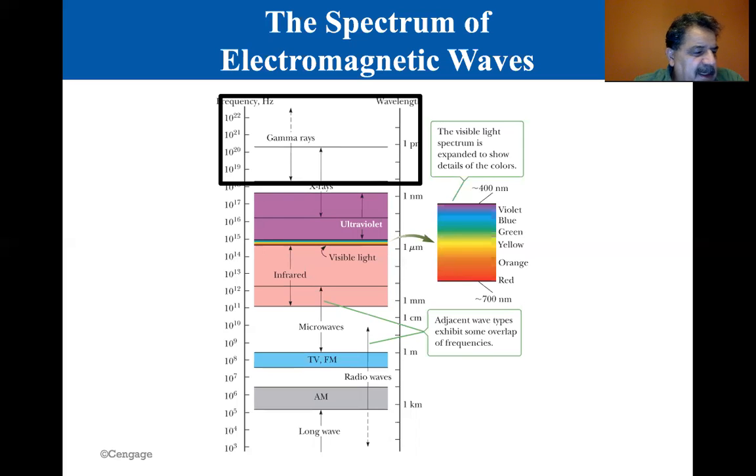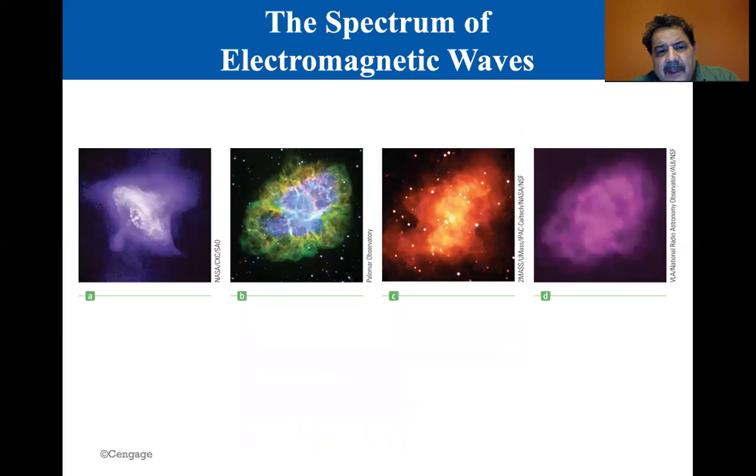Okay, now the spectrum of electromagnetic waves. Here is the Crab Nebula observed in different regions: A is an X-ray image, B is an optical image, C is an infrared image, and D is a radio image.